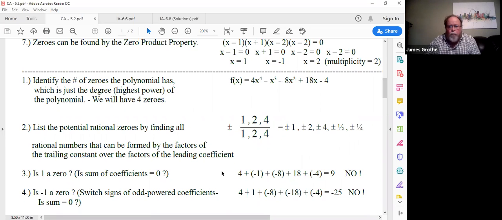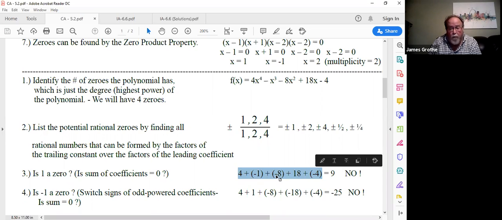With Descartes' rule of signs, remember we look at the sign changes in the polynomial, in these coefficients here. We saw one sign change from 4 to negative 1, and a second sign change from negative 8 to positive 18. We saw a third sign change from positive 18 to negative 4.